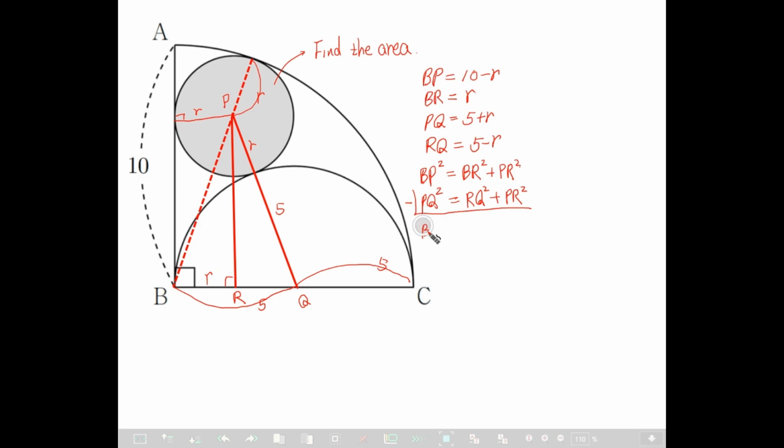Subtracting, BP square minus PQ square equals PR square minus RQ square.